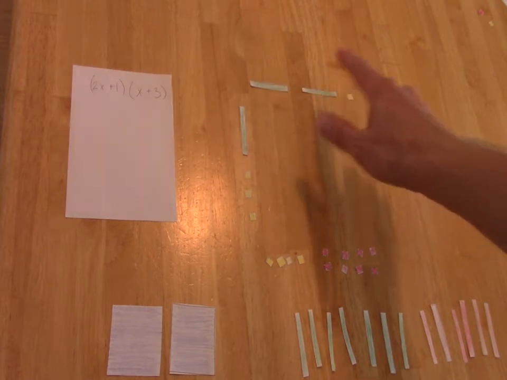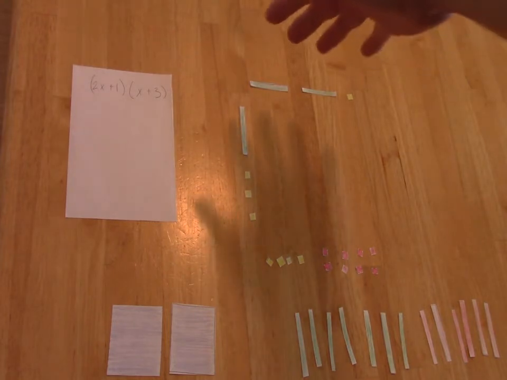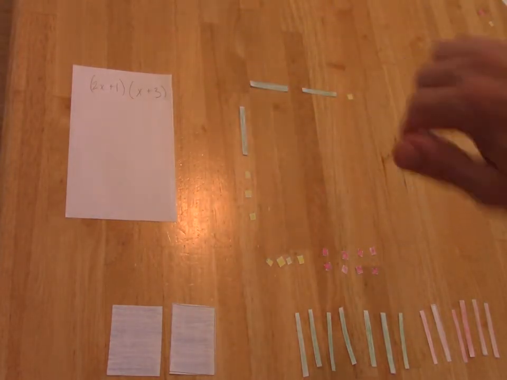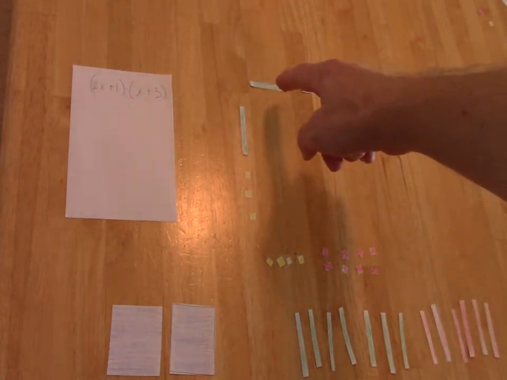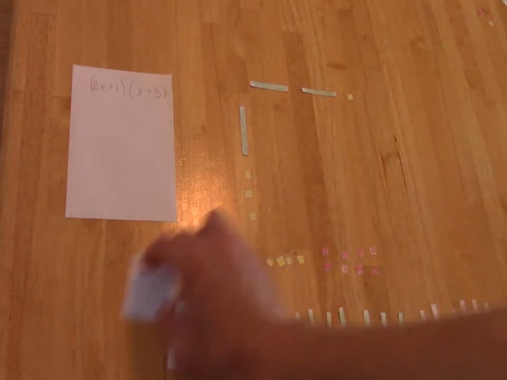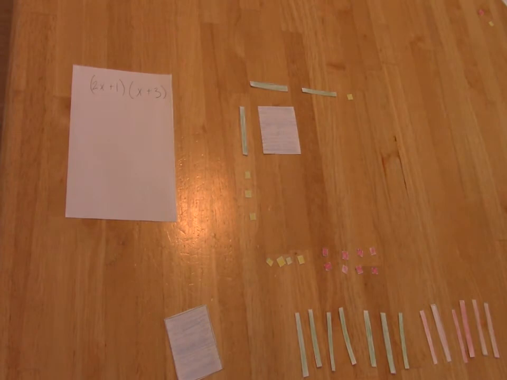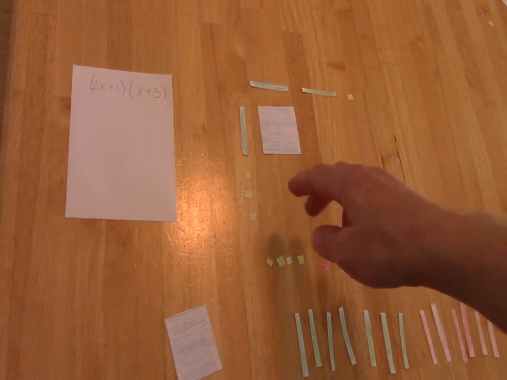Now that I've set those up, we're going to fill in the area model by bringing all of these down and all of these to the right, and see how they intersect one piece by one piece. So we're going to start with the x and x intersection, which gives you x squared. So place our x squared in that spot. Keep going down this first x stick column.